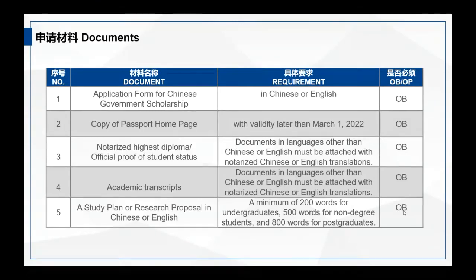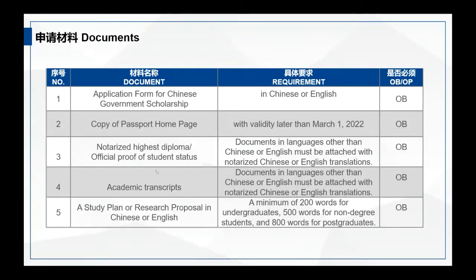First, application form for Chinese government scholarship in Chinese or English. Second, a copy of passport homepage with validity later than March 1st, 2022. Third, the notarized diploma or official proof of student status. Fourth, academic transcripts correspondent with your diploma or certificate of student status.